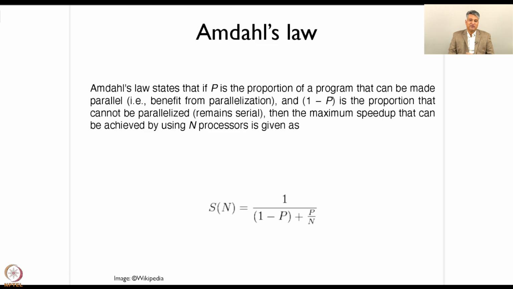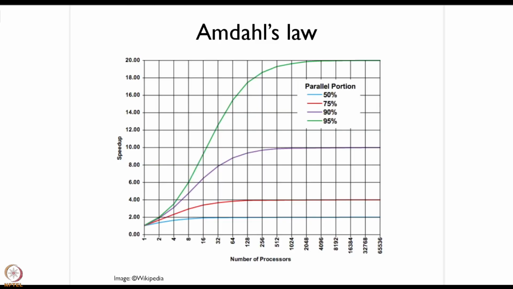Let us assume that we have an infinite number of processors. So the term P/n will now tend to 0. So the theoretical maximum speedup S, if n is infinite, is 1 / (1 − P). And this has some very interesting results.